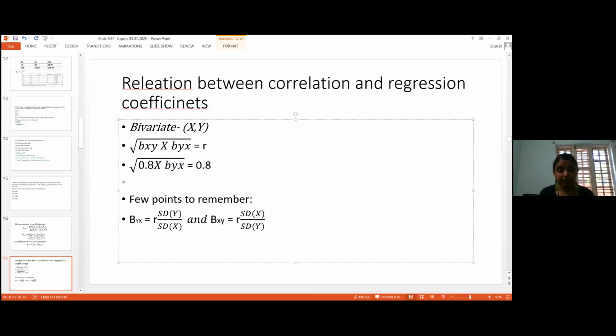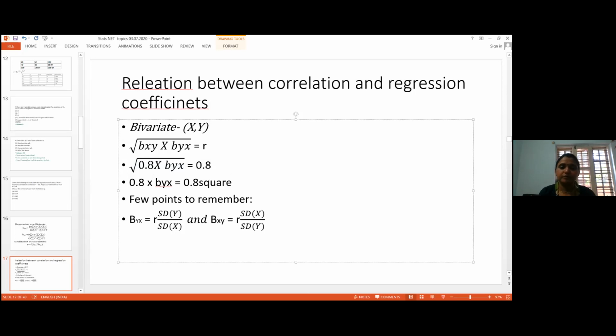Because we know that unless it is 0.8 into 0.8, you will not get the square root again as 0.8. Or else you can say 0.8 into 0.8 is equal to 0.8 square. Sorry, Byx into Byx is equal to 0.8 square.